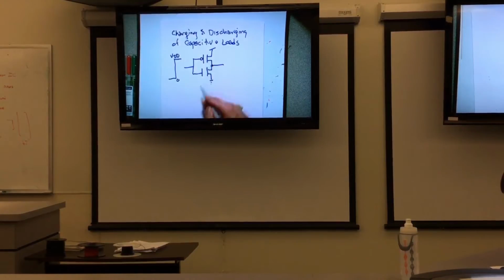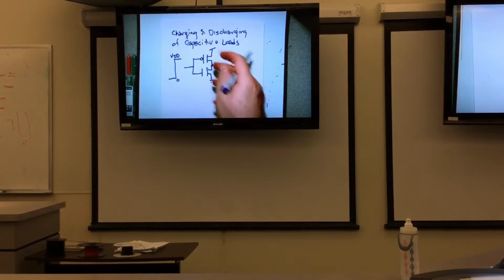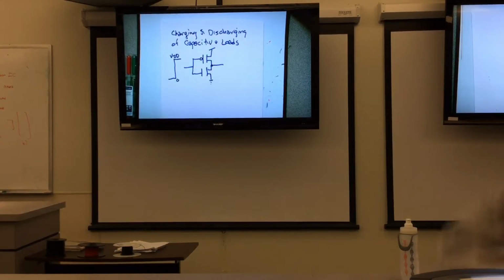Shutting this one off and of course turning this one on, you will be progressing through the transition region, during which time it's kind of like having a short circuit. The two are partially on. There's a slug of current that's going to run right through. That's the switching noise that happens very quickly. We move very quickly to the other side of the VTC.